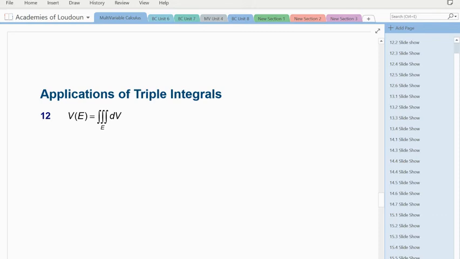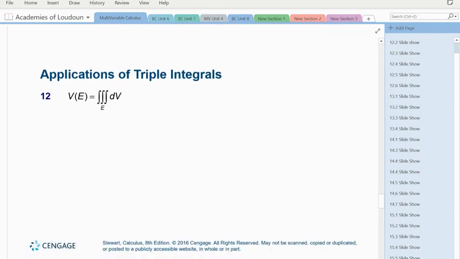Nonetheless, the triple integral over the region E of a function of three variables can be interpreted in different ways in different physical situations, depending on the physical interpretations of x, y, and z and our function of x, y, and z. So beginning with the special case where f of x, y, z equals 1 for all points in E, then the triple integral does indeed represent the volume of our solid region E. For example, you can see this in the case of a type 1 region by putting f of x, y, z into formula 6.